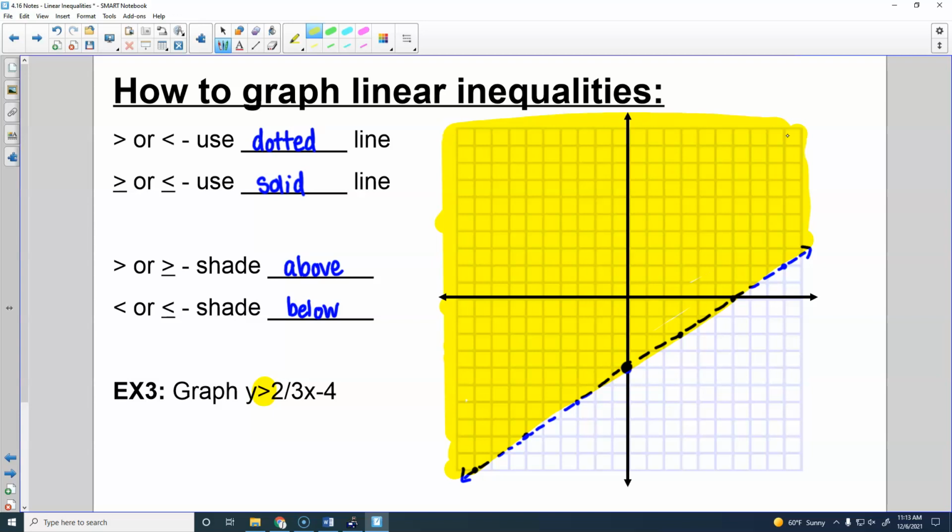And so what this means is that any point in that region is a solution for this graph, no matter where I pick that point. For the equation, or inequality, I should say.